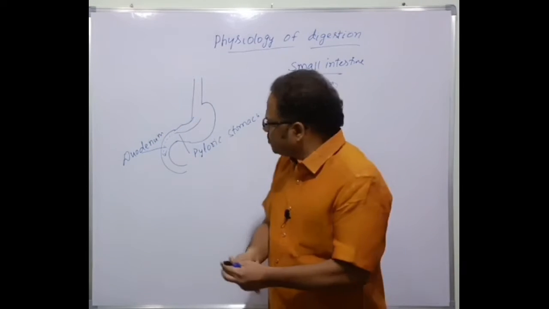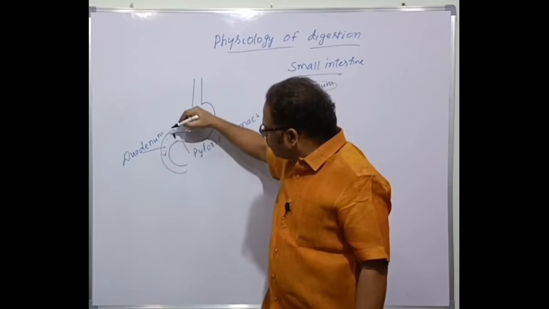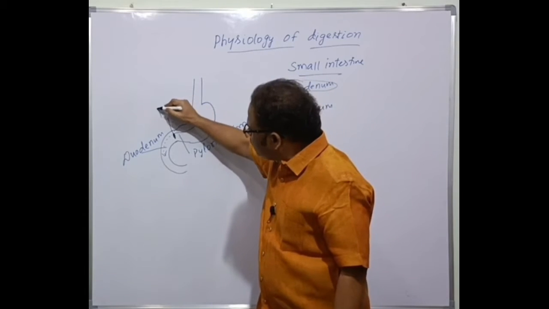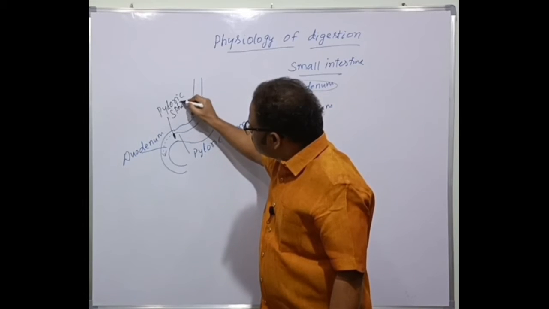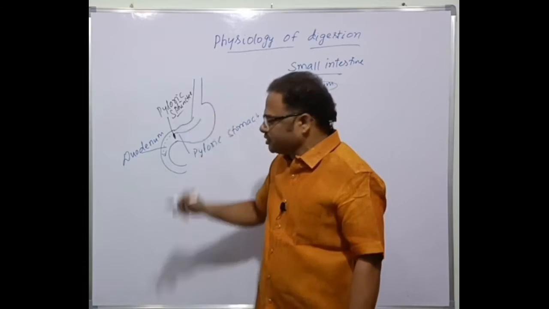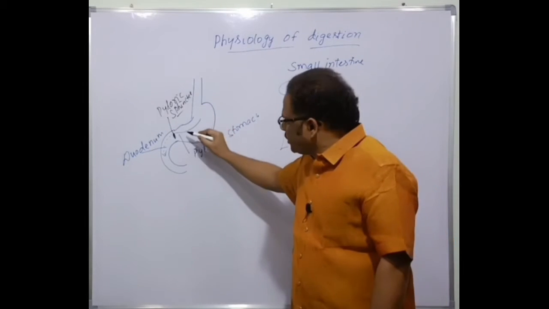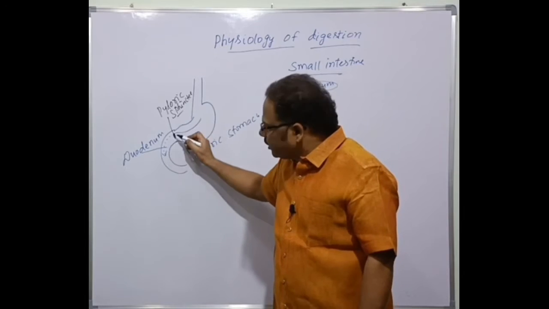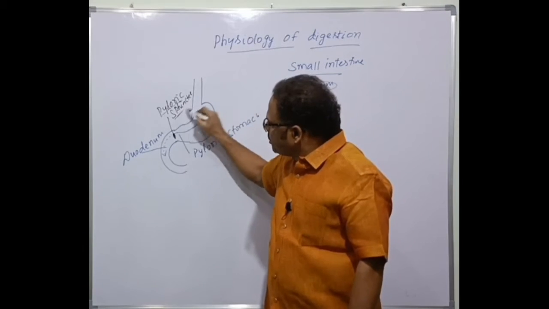A small sphincter is present between the pyloric stomach and the duodenum, called the pyloric sphincter, a muscle which operates here. When the partially digested food proceeds to the duodenum, it does not get back into the stomach again, because of the presence of the pyloric sphincter.